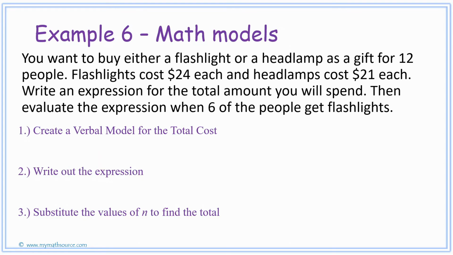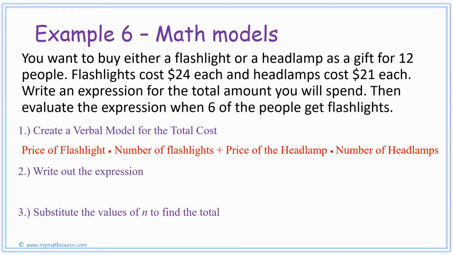Alright, so let's go ahead and start this one. The first thing we want to do is come up with the verbal model. And so you want to kind of visualize what you're doing here. You've got two different things that you're going to be adding, flashlight and headlamp. The price of the flashlights, right, plus the price of the headlamps. And so you need to know, well, how many flashlights am I getting?